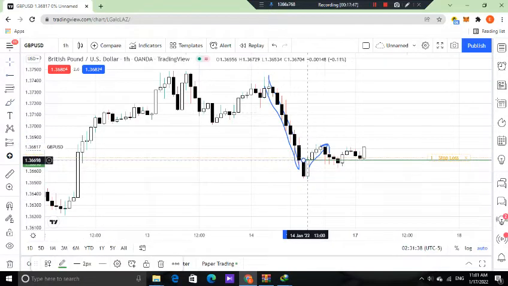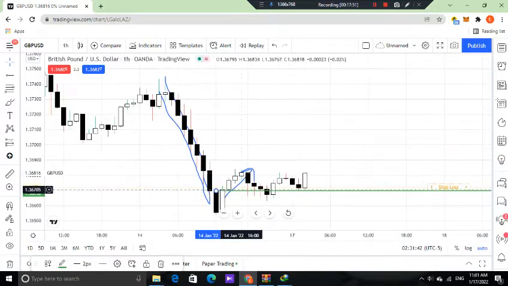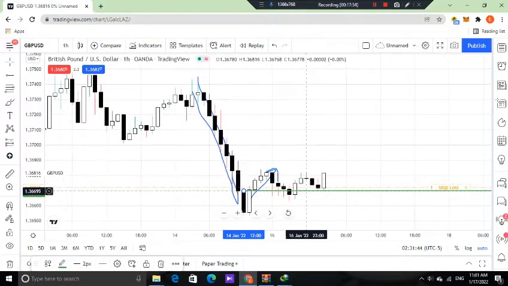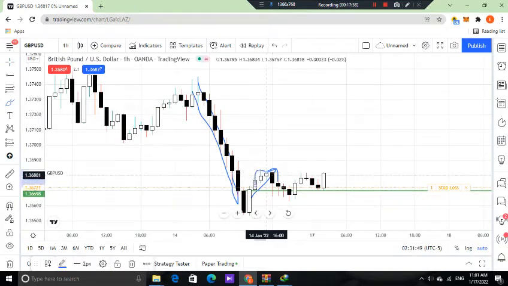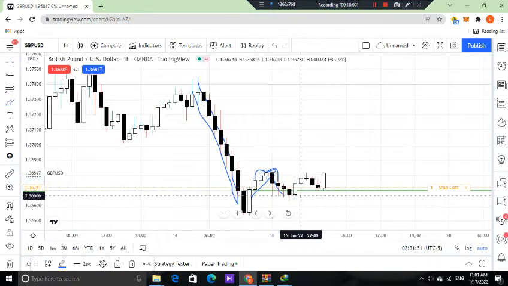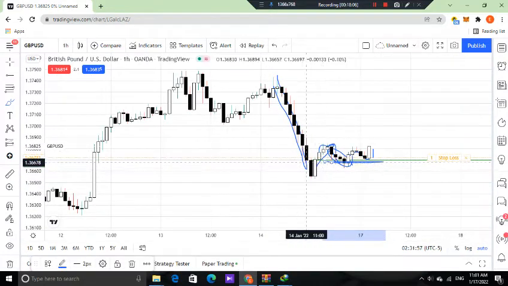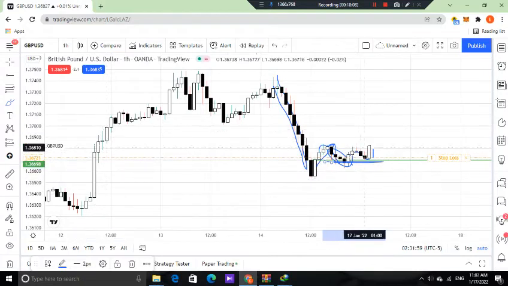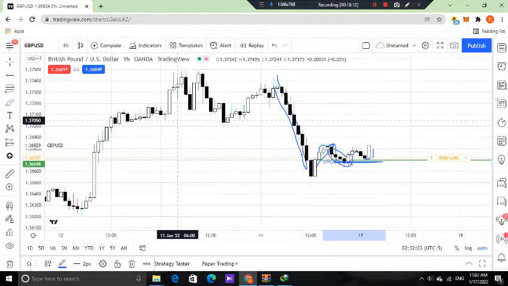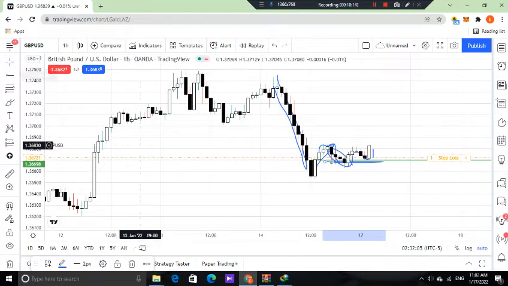And if you consider the high of this candle, you can see after this breakout, we had this pullback at this level, and it acted as a support level, and it supported the price, and it's trying to push it up.